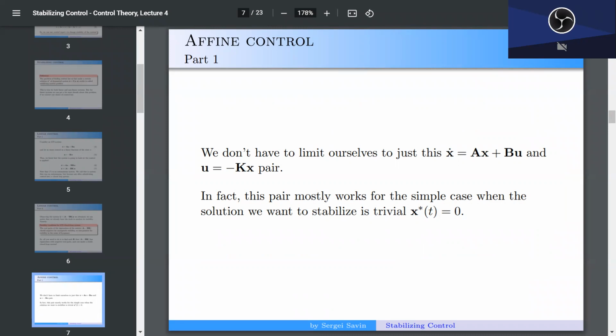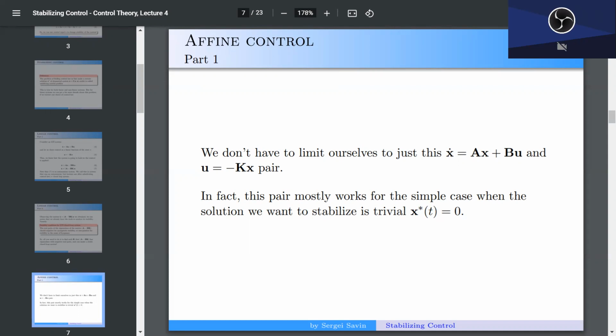And this pair will always lead you to one and exactly the same stabilized solution. It is the zero solution, right? As I said previously, let me write it down. So this system can have only one solution unless A is degenerate. And the solution is x of t equal to 0.